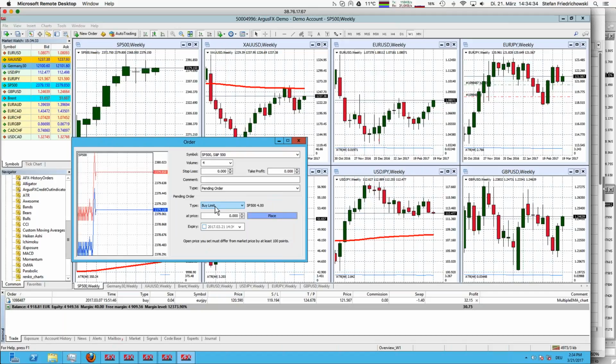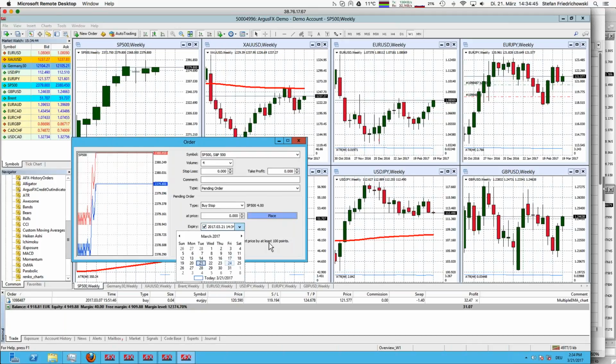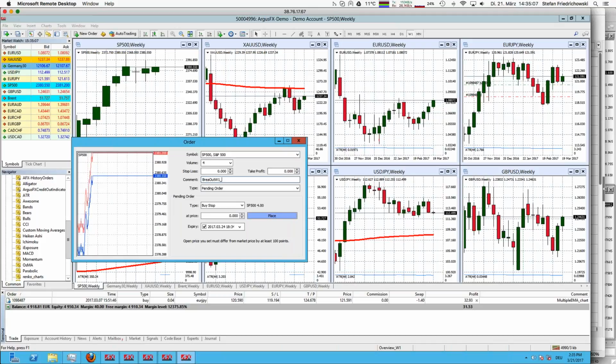So it's a buy stop order. It gets an expire date on Friday, and I use around 6 o'clock. And now the comment is breakout W1 underscore fixed, because we use a fixed stop loss setting.